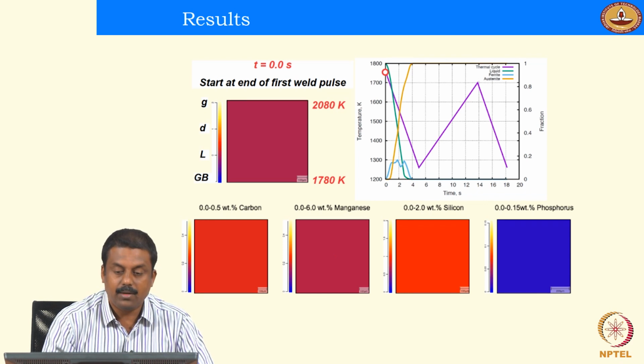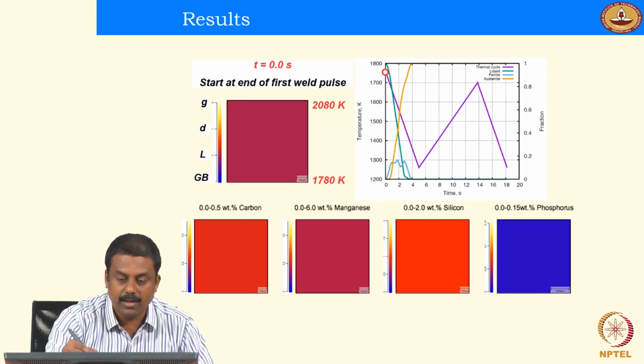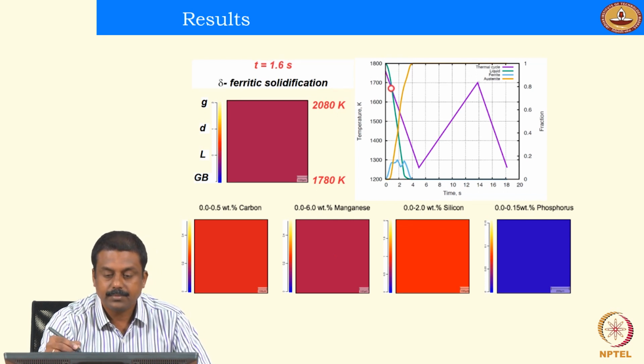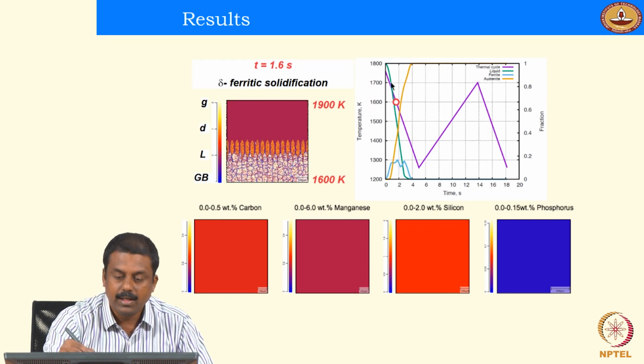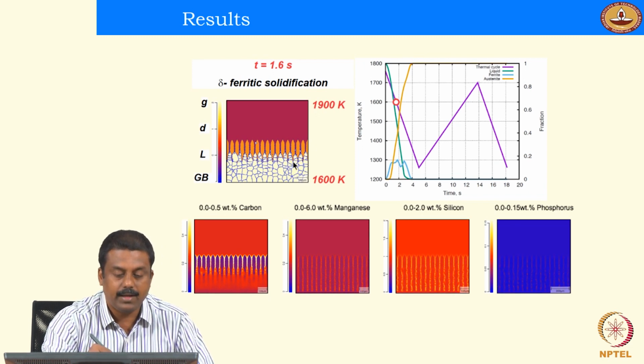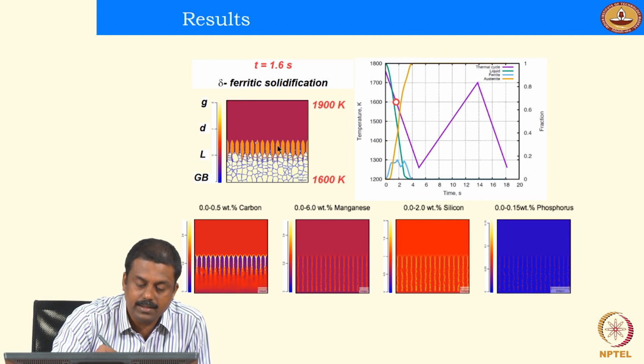And then when you start cooling down, after the current is passed, if you switch off the current, the pulsing is completed. When it cools down, say for example when you reach a temperature of 1600 Kelvin, you have a partial solidification of the delta ferrite. For example, in this case we have delta ferrite as well as austenite forming.